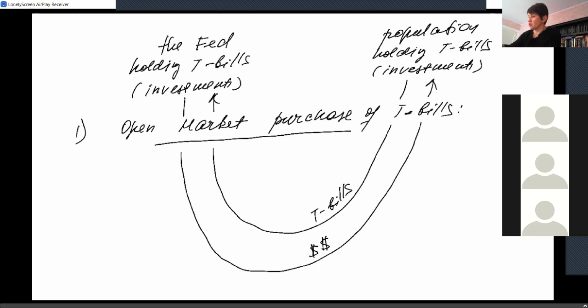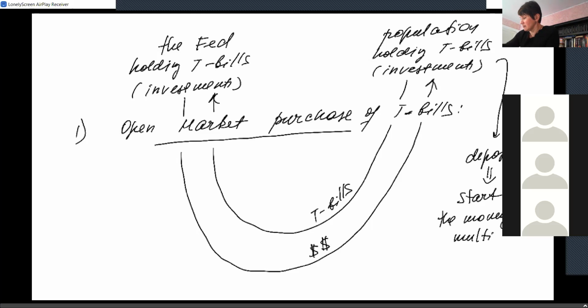What do I do with my check? Deposit it, which starts the money multiplier process, and the result of which will be an expansion in money supply, right?